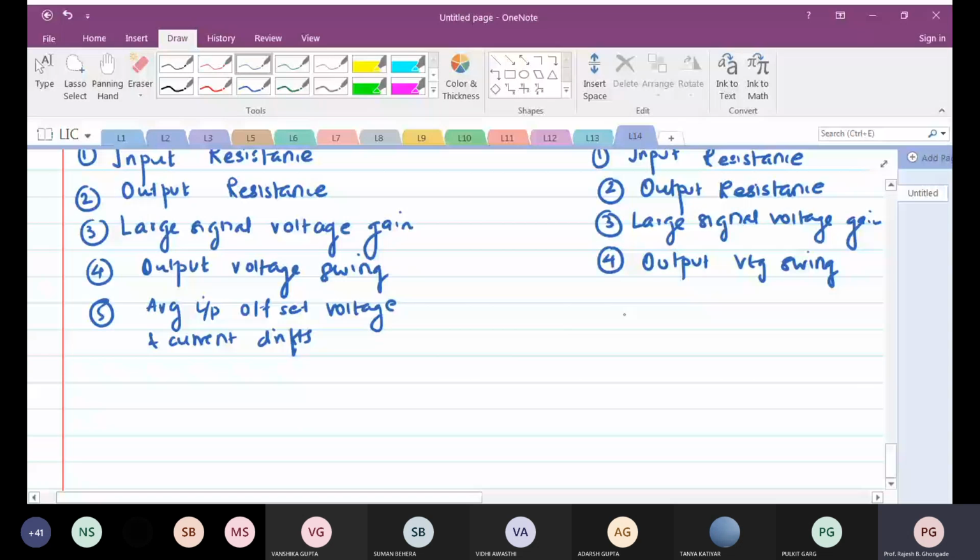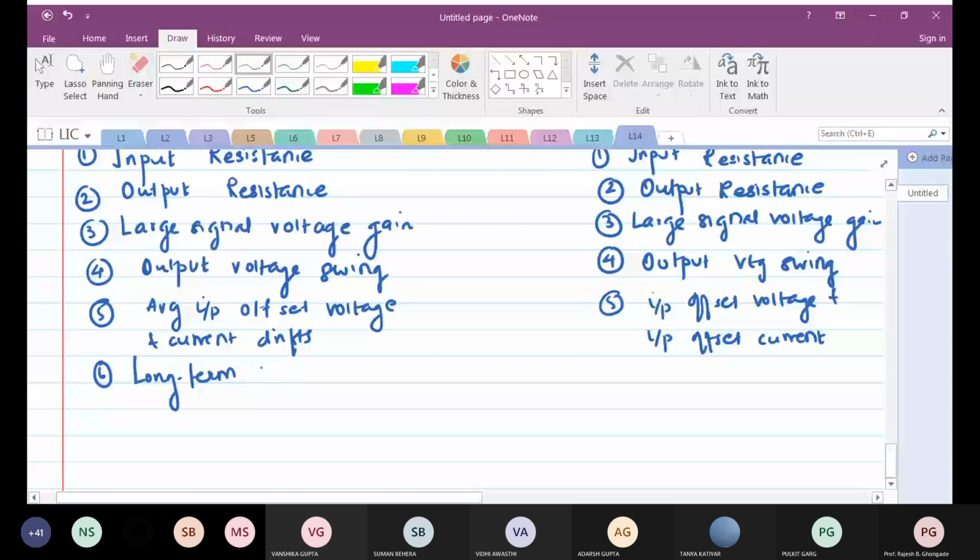Here we have input offset voltage and input offset current. Long term input offset voltage stability.